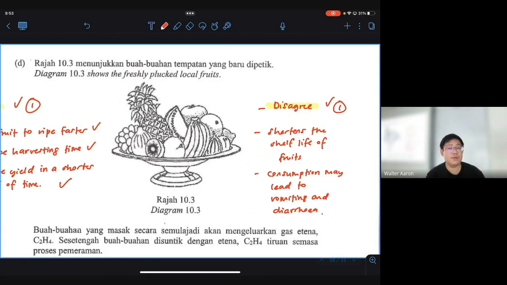So 2 points is not enough. So got 3 marks in total. Therefore, you can just choose any of these answers to use as your main justification. So you got 2 justifications, got 2 marks. Then you get 3 marks in total.